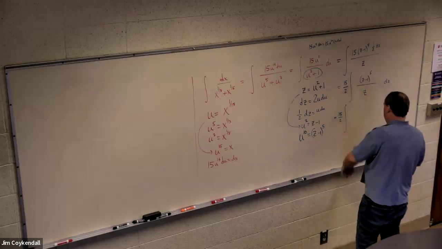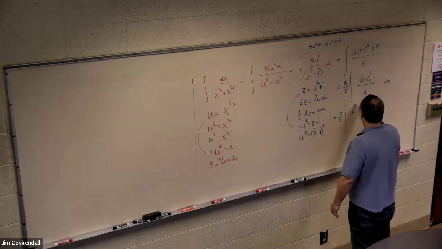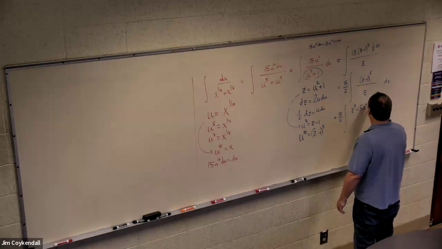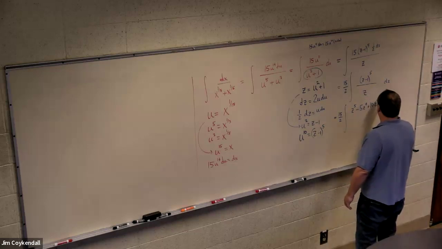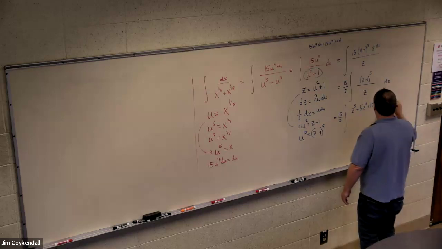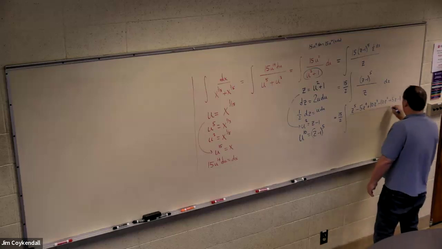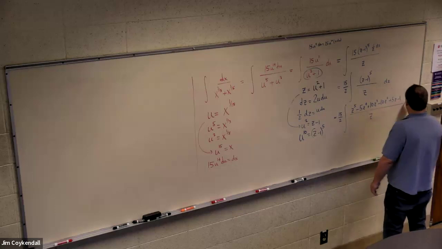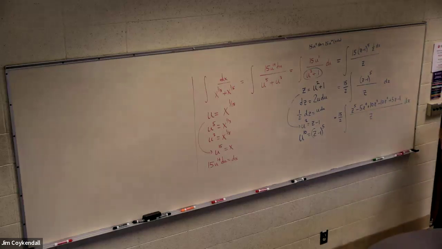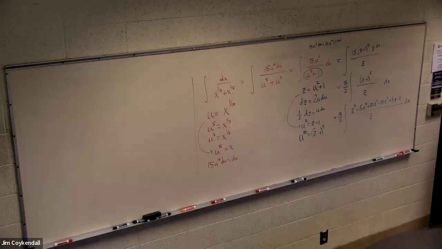I'll do the multiplication. z^5 minus 5z^4, 10z^3 minus 10z^2 plus 5z minus 1, all over z. Now that I've multiplied it out, I'm pulling this in the top.